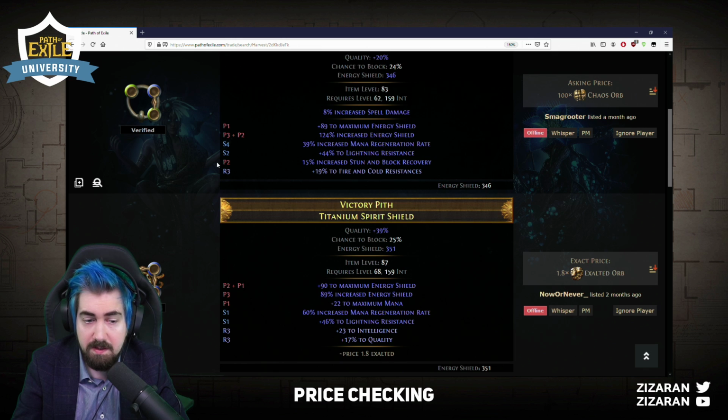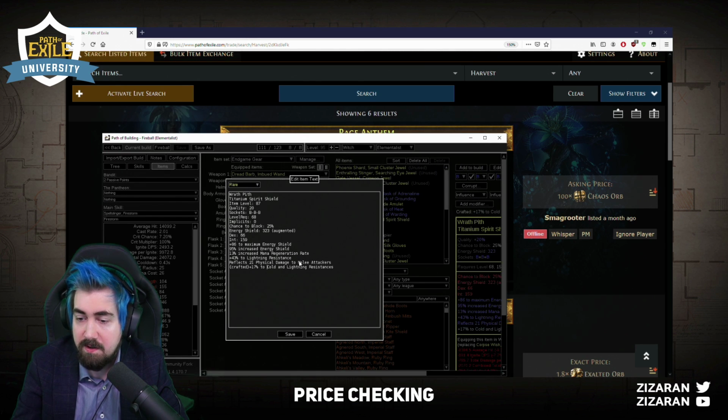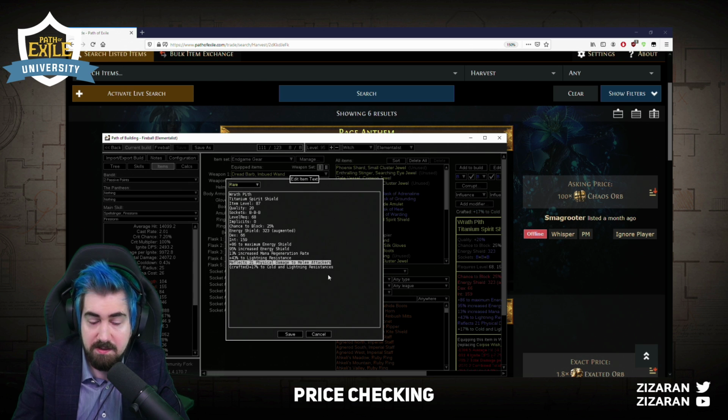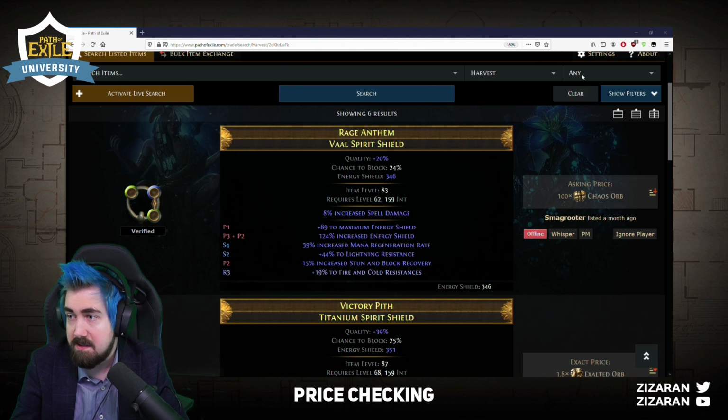That sucks. Can't get 300 ES with mana regen and life? Yes, you can. You 100% can, because this has mana regen. It only has 2 energy shield prefixes. So yes, you can. That can exist. It's just non-listed.